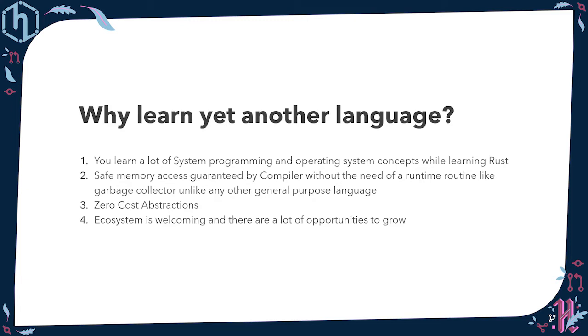Then there is another thing which is called safe memory access, which is guaranteed by the compiler. There are languages which have safe memory access. C does not have safe memory access, because you have pointers to the memory, and then you can do illegal memory access, to memory which you have not allocated but can still access, because your system is at a lower level.